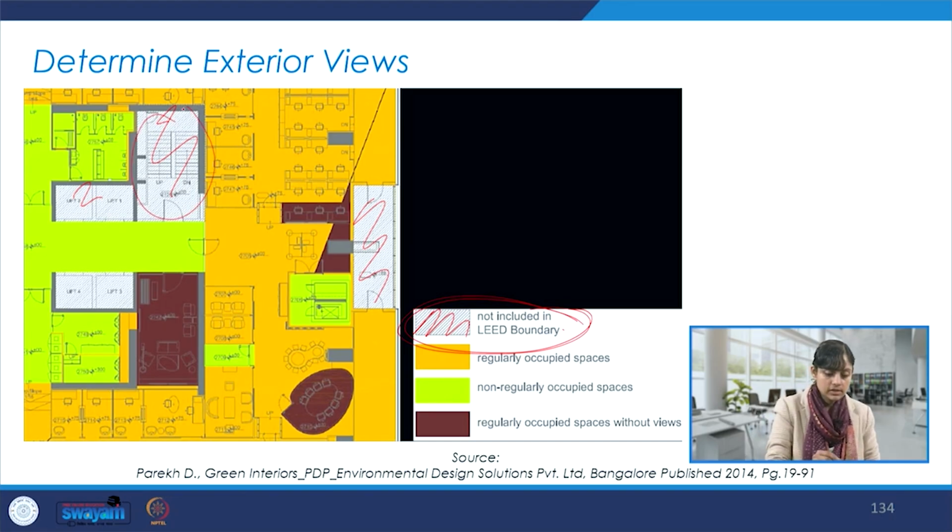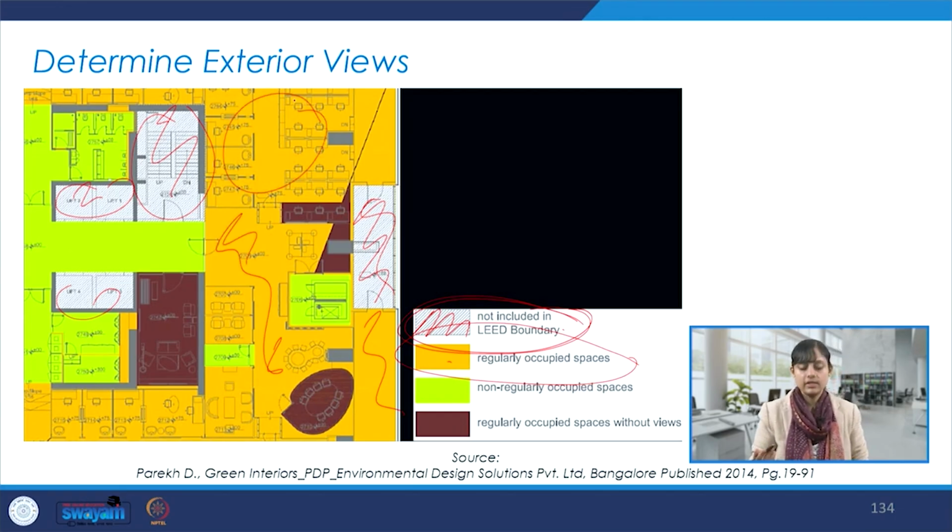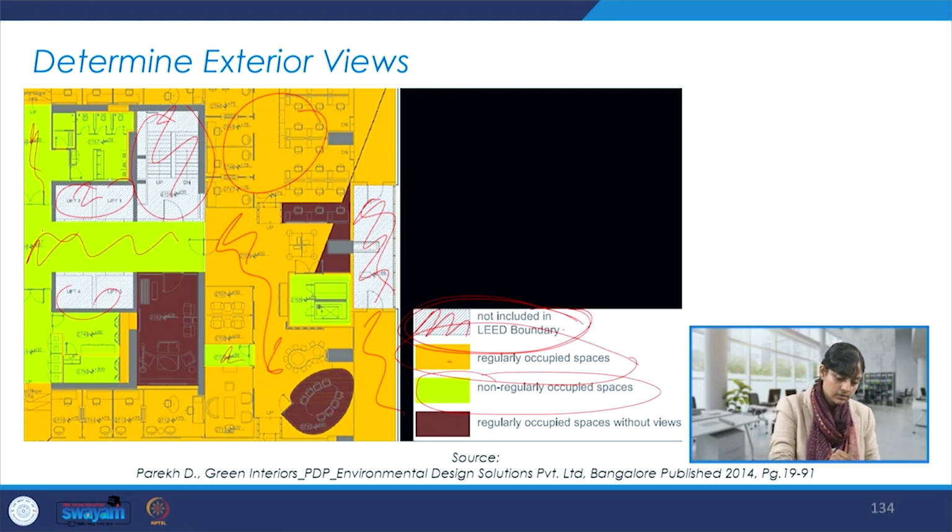So this staircase, lifts, other common areas. Then there are regularly occupied spaces, cubicles and functional areas. Non-regularly occupied spaces, some areas which are again not regularly occupied. And then regularly occupied spaces without views, the brown ones.